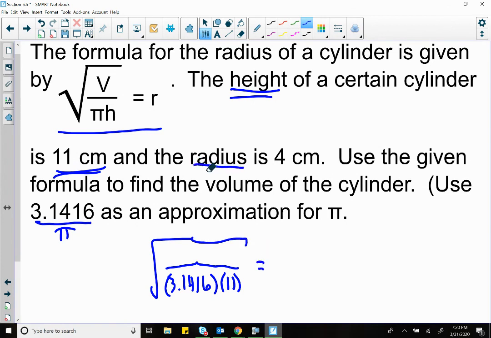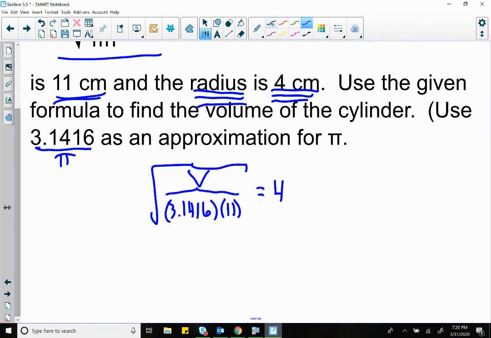It says right here the radius is 4. So that's 4. It says use the given formula to find the volume. So the piece that we don't know is V. So we plugged in. All we got to do now is solve.